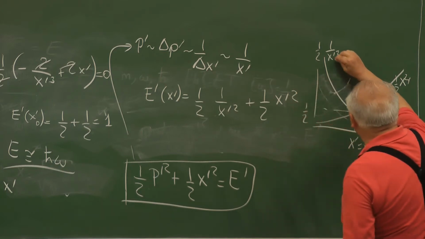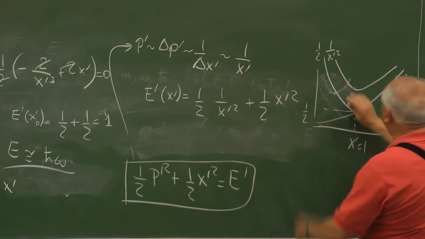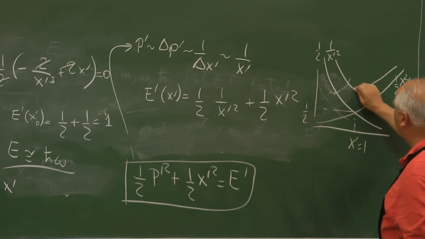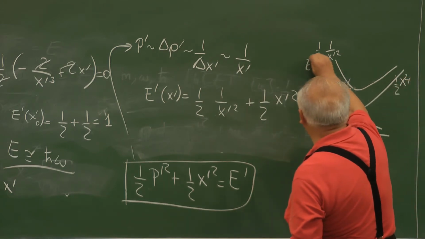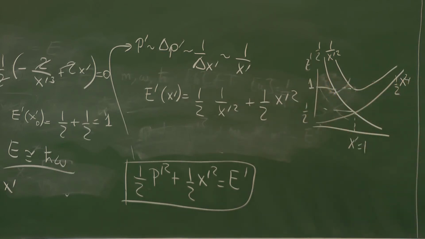If you take the sum of those, it's symmetrical because they are. So this is E prime, this is 1. Remember, this is the dimensionless energy.